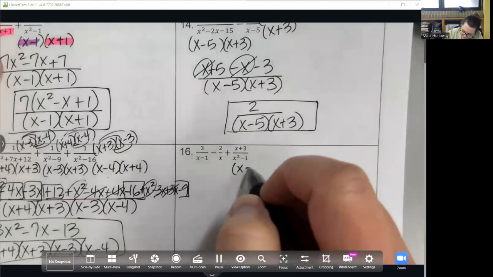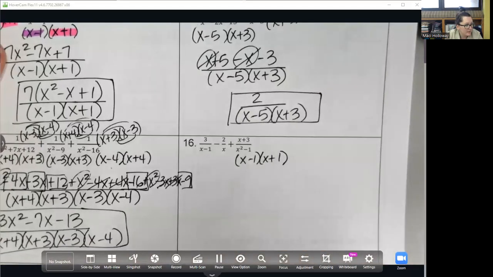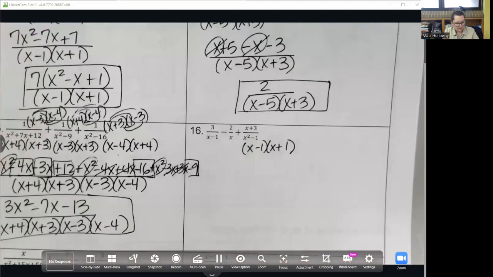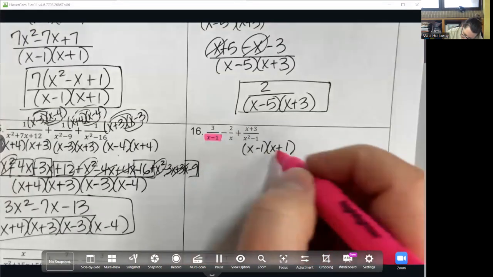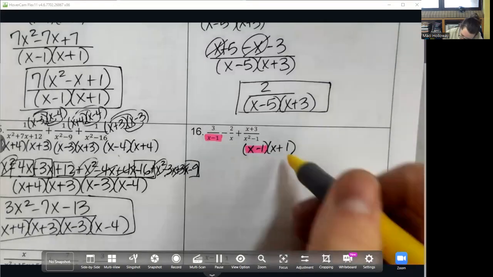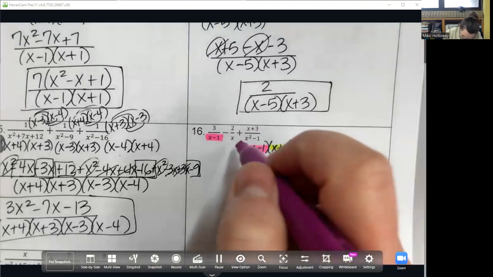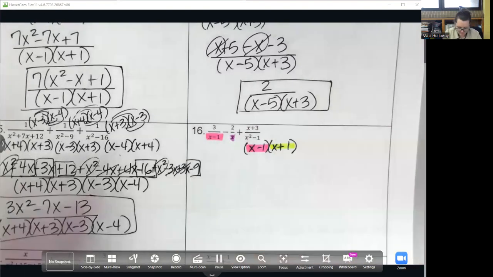Okay, the only one I can factor on number 16 is that last one, x minus 1, x plus 1. Okay, so, but let's use this, because I want you to use it. If the colors help, I definitely want you to use them. And then we have this lonely little x here, still counts for our common denominator.